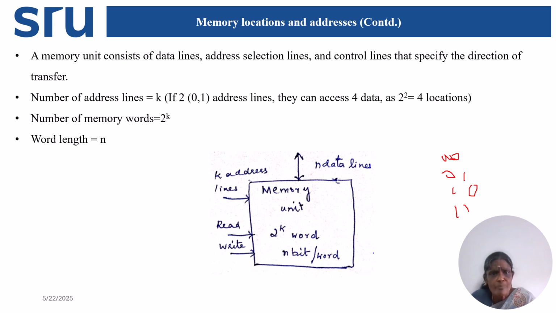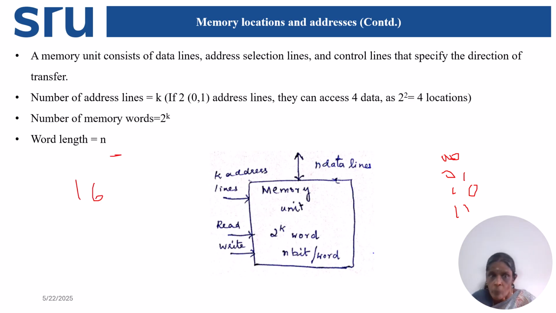So the number of memory words equals 2 power k. This is address lines only. So with k address lines, the number of words we can use is 2 power k. And already we know the word length is n, and this n varies from 16 to 32.